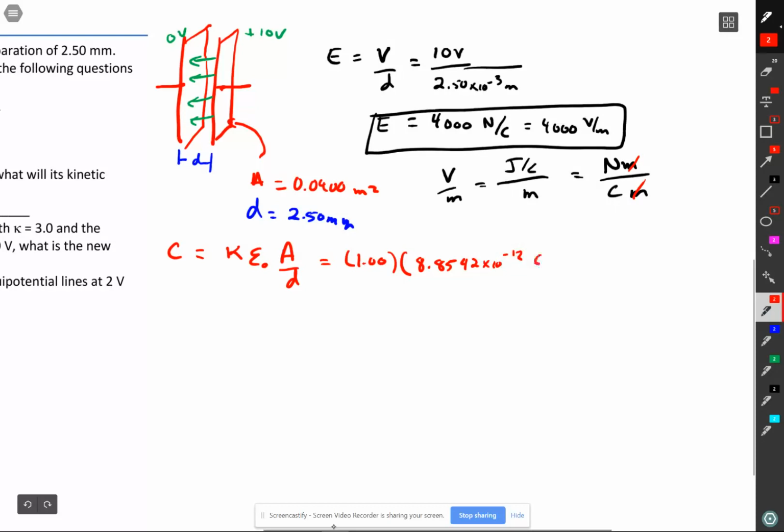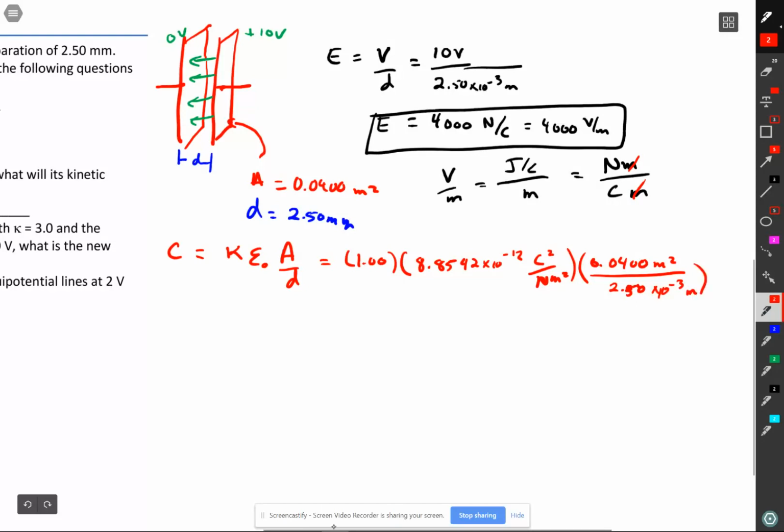And the units are coulomb squared per Newton meter squared. And then times my area, which was 0.0400 meters squared, divided by my separation, which was 2.50 times 10 to the minus 3 meters.